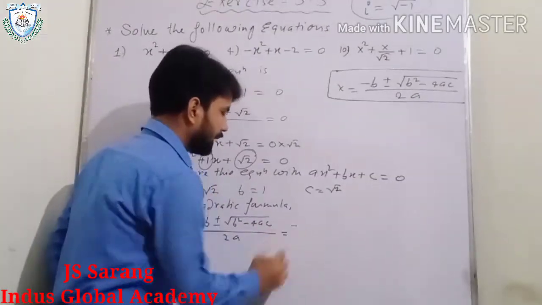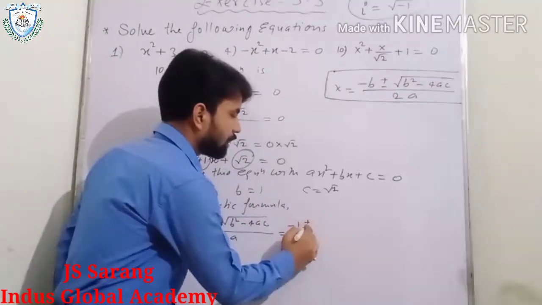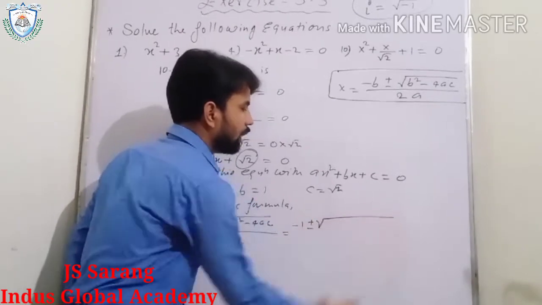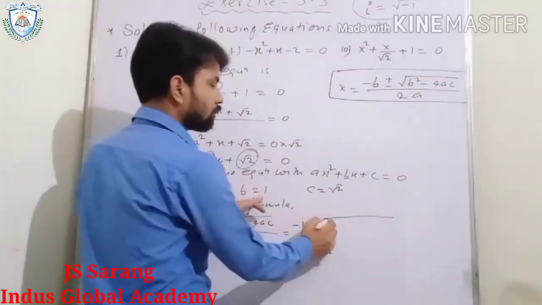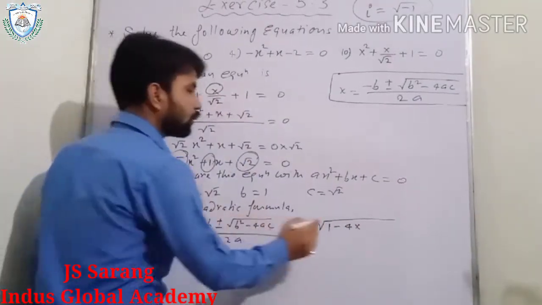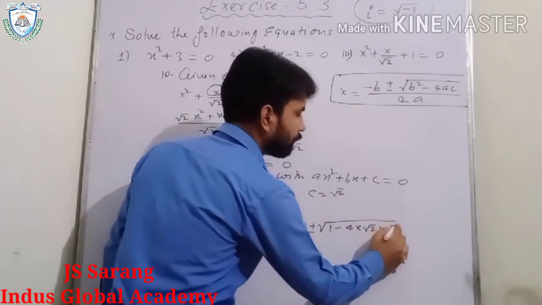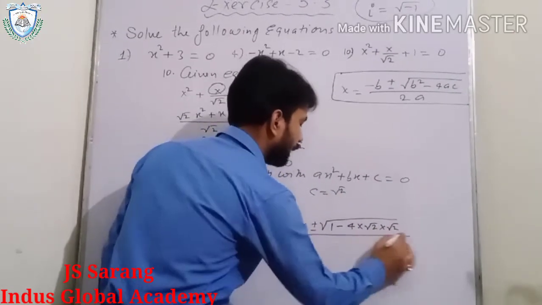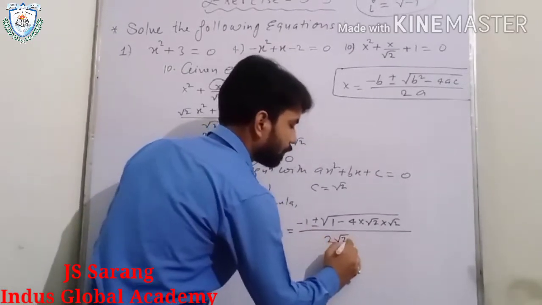Now minus b is 1 plus minus square root of b square. B is 1, so its square will be 1 minus 4 into a is under root 2 into c is square root 2 upon 2a. So 2a is square root of 2.